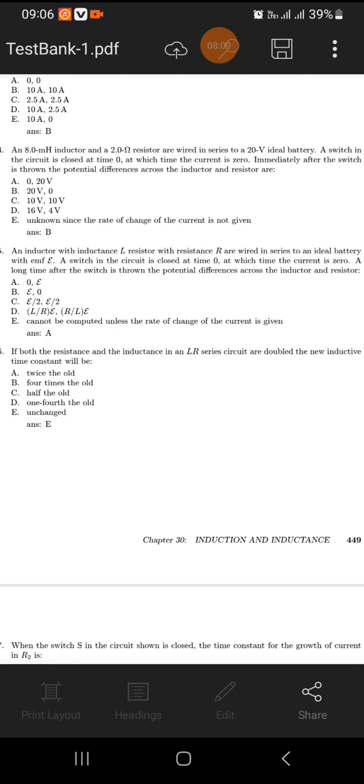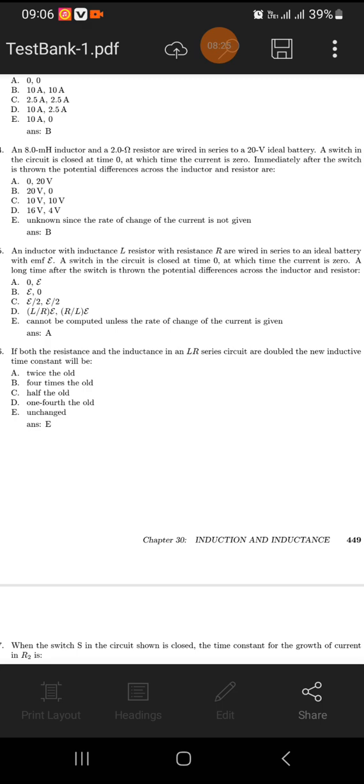At which time is the current 0? A long time after the switch is thrown, the potential difference across the inductor and resistor is A. It's 0 and E.